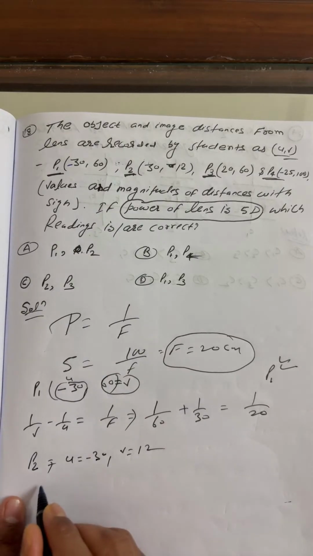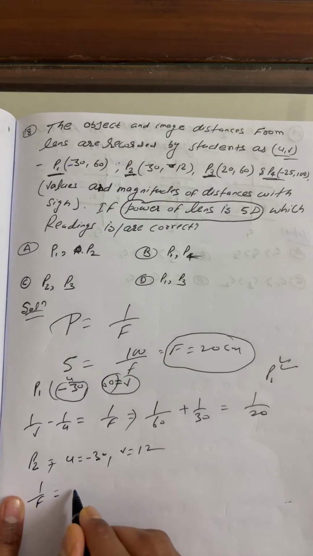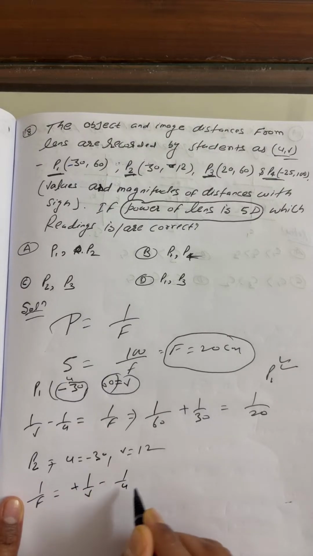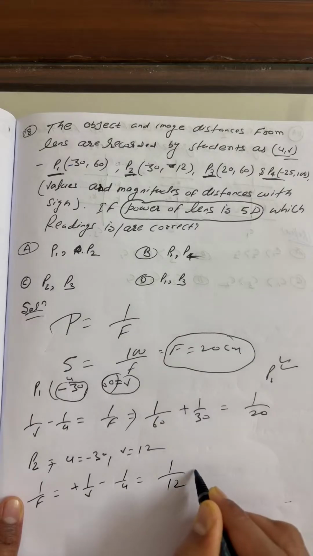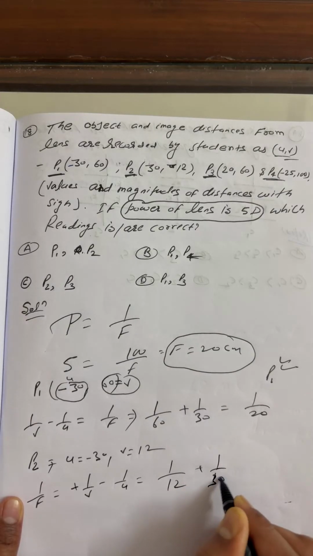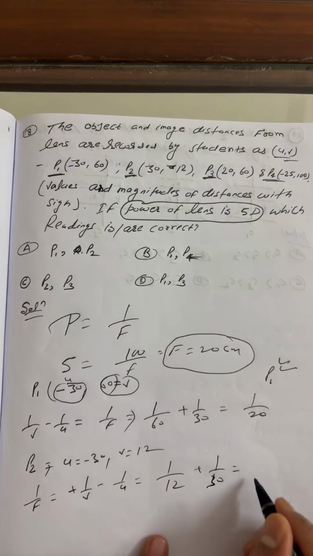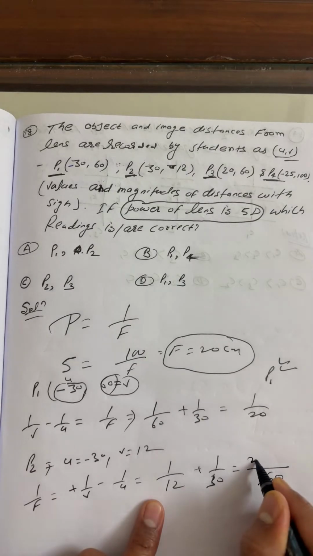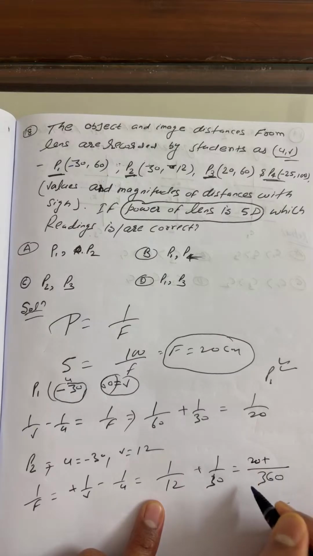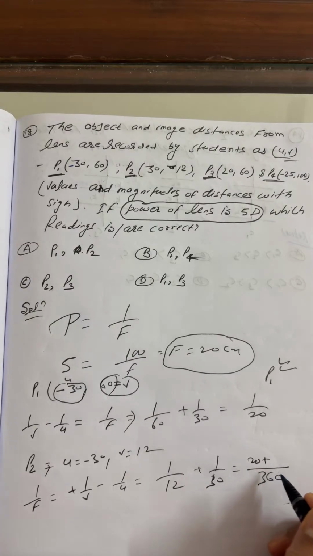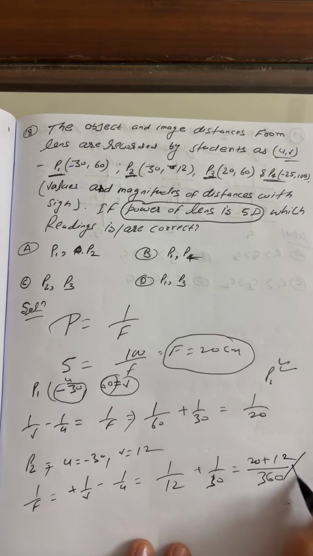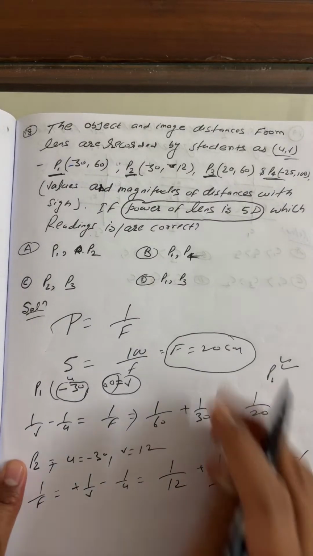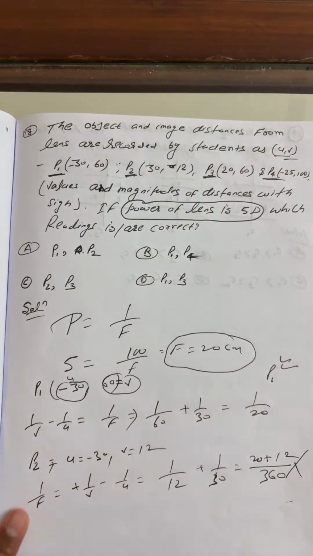Again you can apply 1 upon F equals 1 by V minus 1 by U. So 1 by 12 plus 1 by 30. This will not come to 1 by 20. P2 is not correct. P3 again is not possible.